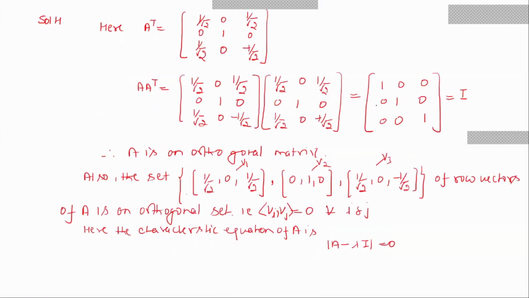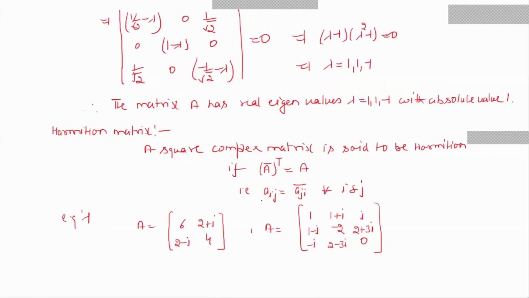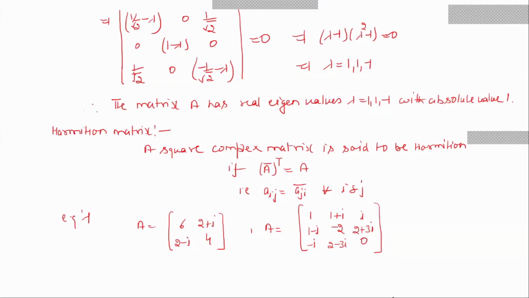The eigenvalues of an orthogonal matrix are real or complex conjugate in pairs and have absolute value 1. Are there any questions here? Any questions? No, sir.